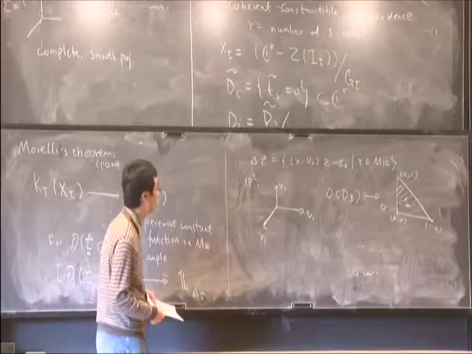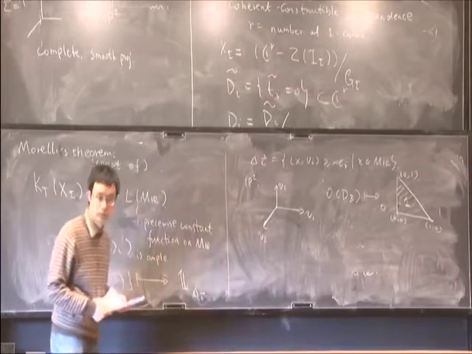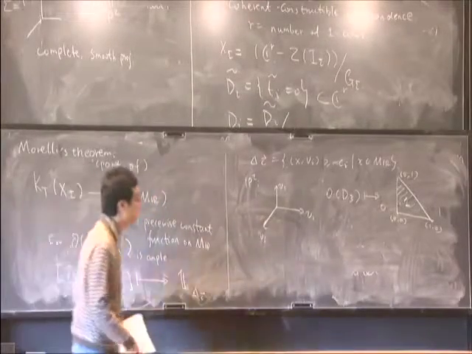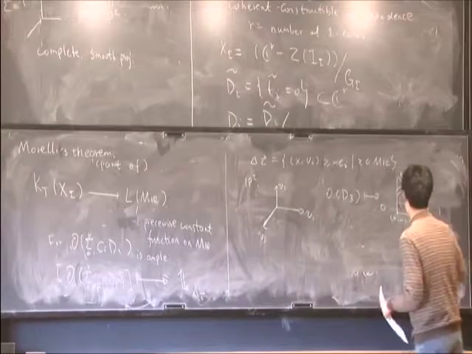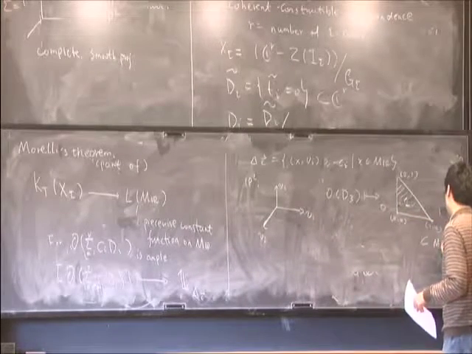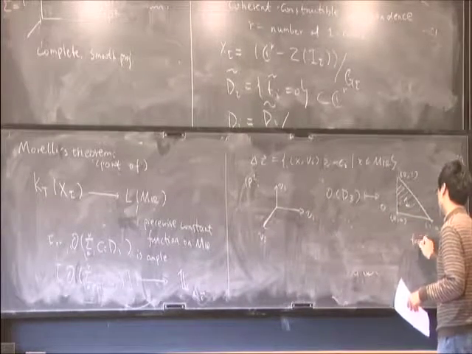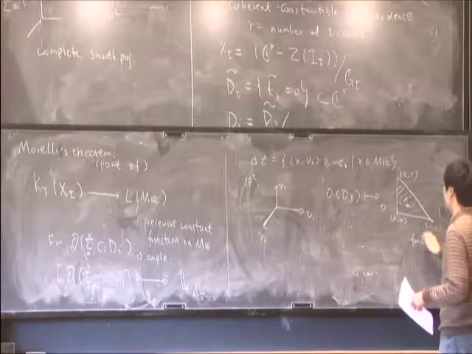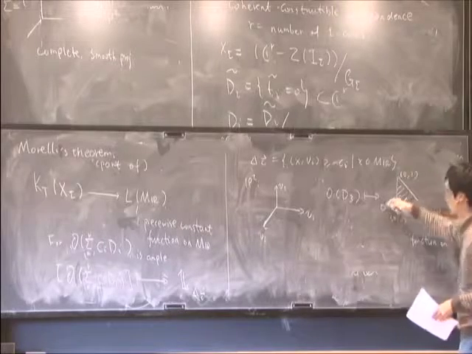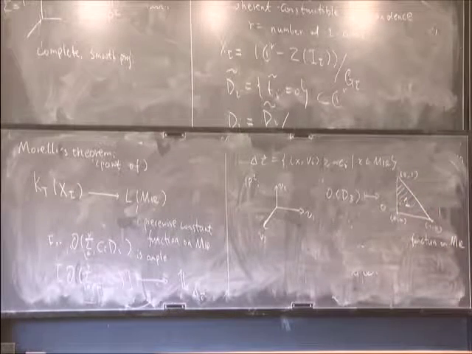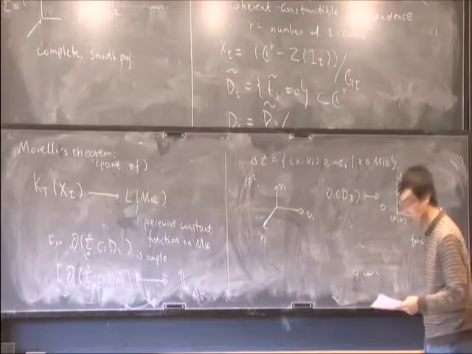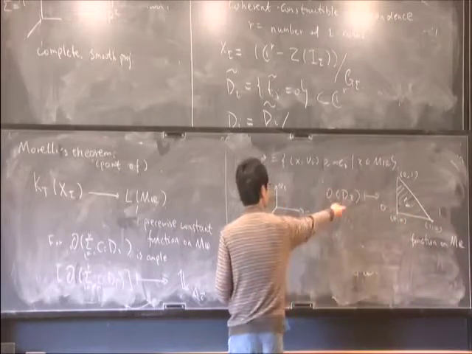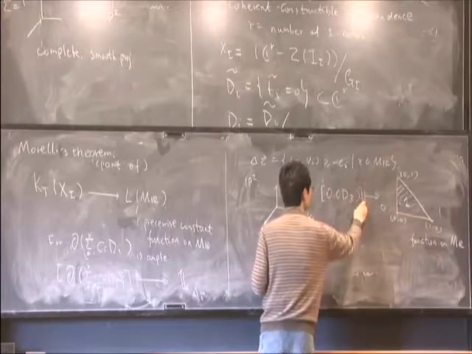So this is a function on M_R. It is 1 on this polytope and 0 outside. So this is O_D3, this O_D3 gets sent into.